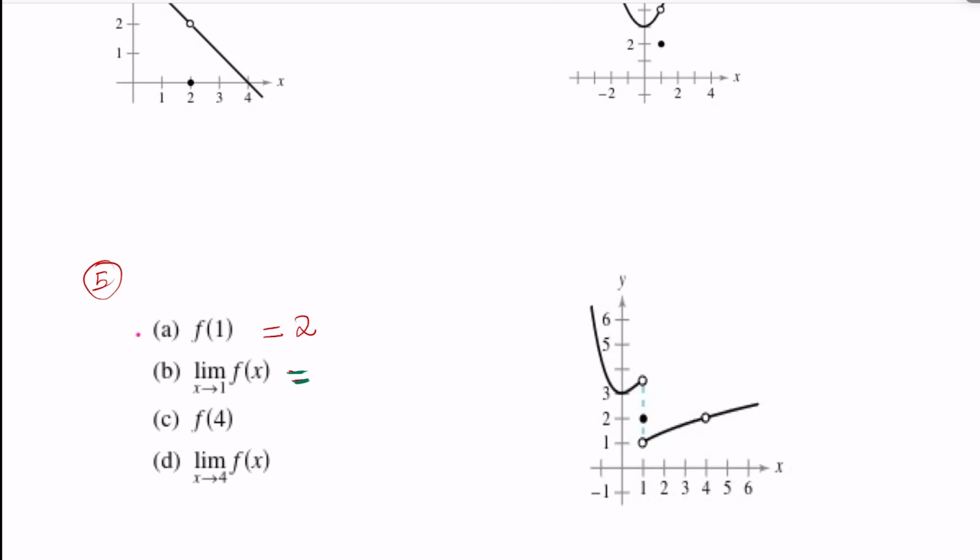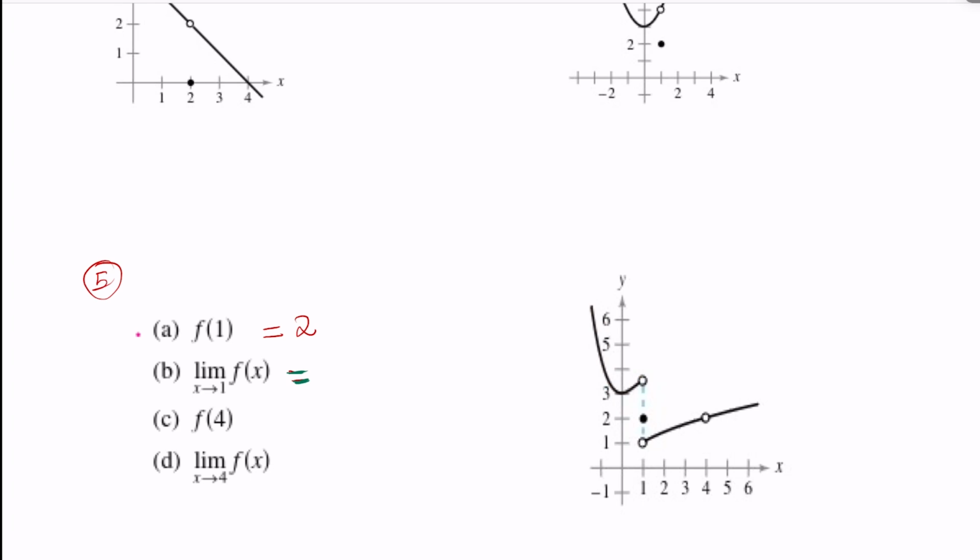Then the next question says we should find the limit as x approaches 1 of f of x. So the limit as x approaches 1, again, we go back to 1 on the x-axis. This is the line x equals 1. So straight line this way. So this is the right side of 1 and this is the left side of 1. So as I approach 1 from the right on the graph, the value I have here is 1. And as I approach 1 from the left, the value I have here is 3.5.